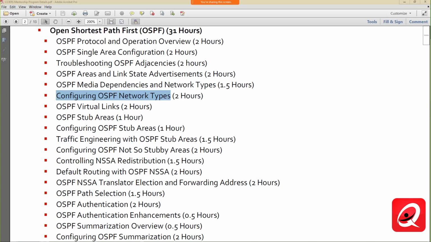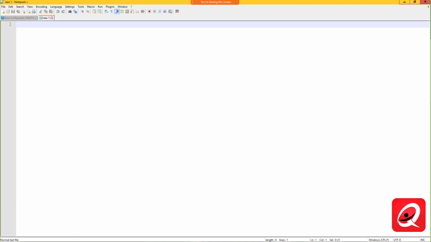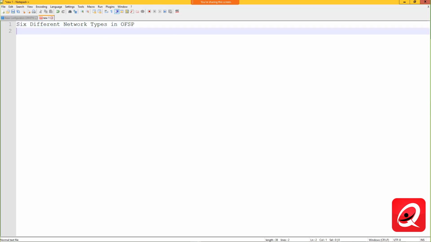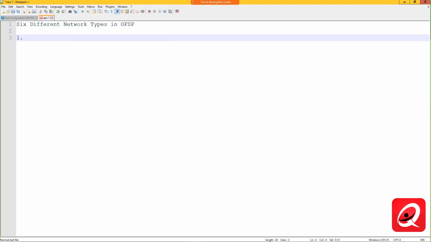All right, so let's start by talking about the 6 different network types that exist in OSPF. And I'm going to keep some notes here, and we'll take some notes as we go through the process so that you guys can reference this a little bit later on. The first network type is probably one of the more common ones, which is simply a broadcast network type.